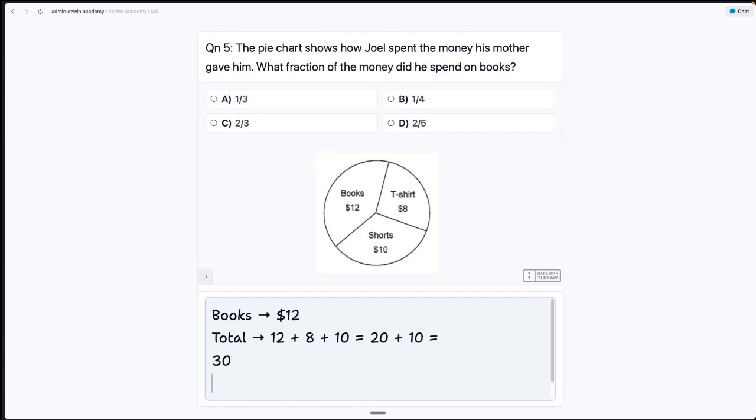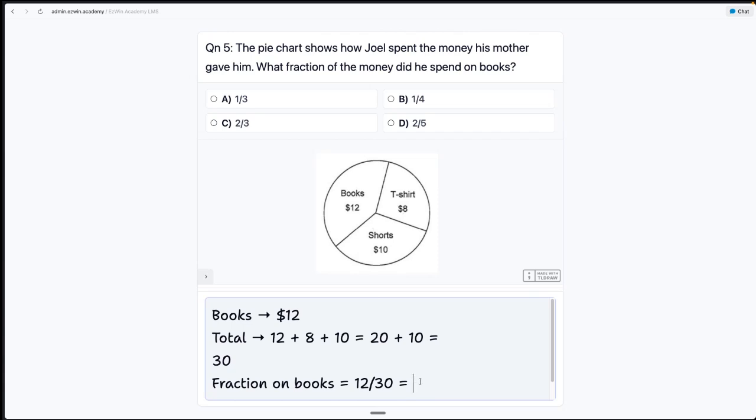Now, what's the fraction? The fraction on books is equal to 12 over 30. What is the common factor for 12 and 30? If you say divide by 6, then you're right.